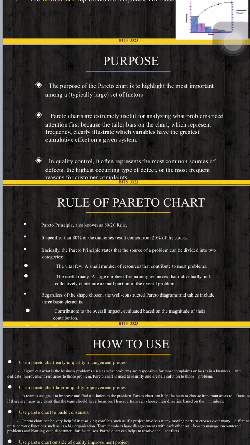The useful many, a large number of remaining resources that individually and collectively contribute a small portion of the overall problem. Regardless of the shape chosen, well-constructed Pareto diagrams and tables include three basic elements, with the items evaluated based on the magnitude of their contribution to the overall impact.